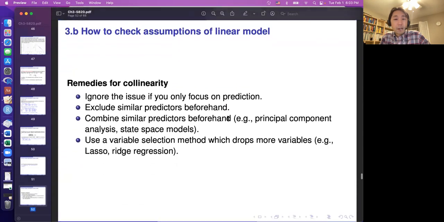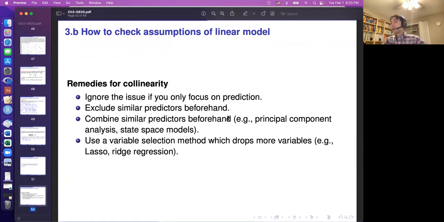Okay. And some remedies for collinearity. What happens when we have multicollinearity? The first suggestion is, surprisingly, to just ignore the issue, if you only focus on prediction.